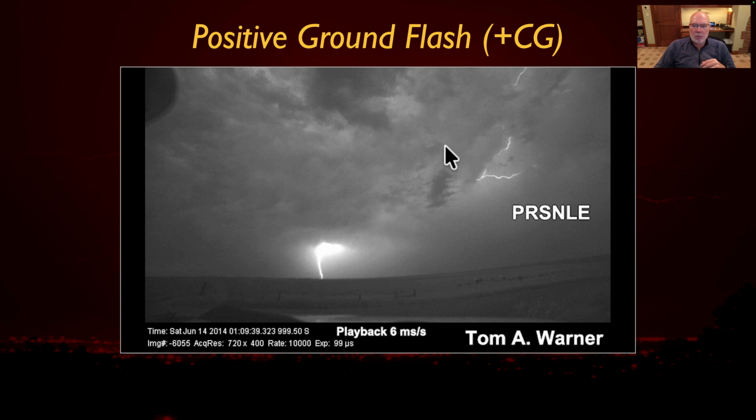We're going to see some of the in-cloud brightening due to the negative leader activity associated with that. And then post-return stroke, we're going to definitely see negative leaders that are attached to this. So essentially, this is a big upward growing negative leader following the return stroke. I call this post-return stroke negative leader extension.